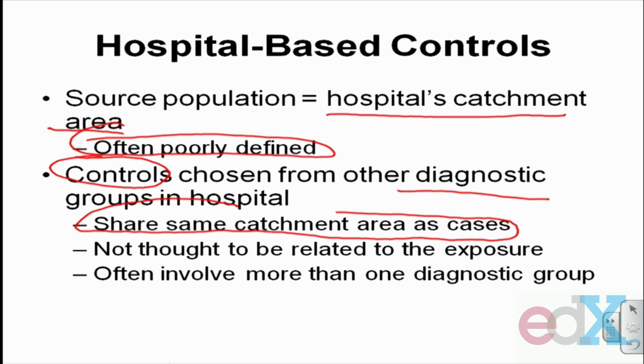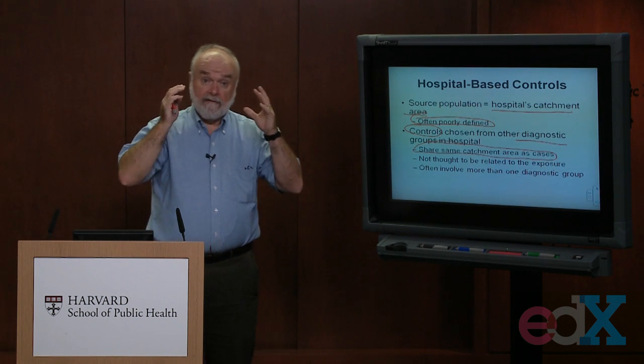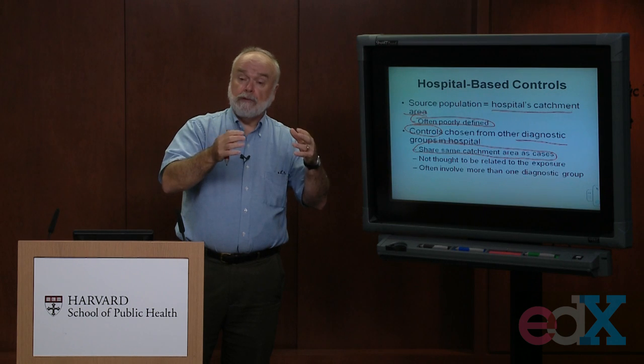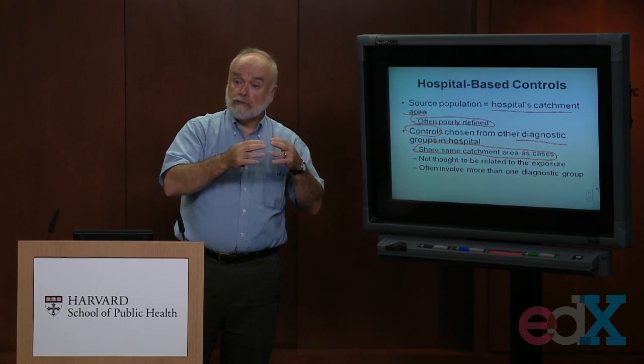If your cases are people with breast cancer and your controls are women with broken bones, you're assuming the diagnosis of broken bones among women at this hospital comes from the same catchment area as your cases of breast cancer came from. Now, if that's true, which group of people in your hospital do you choose as your controls?